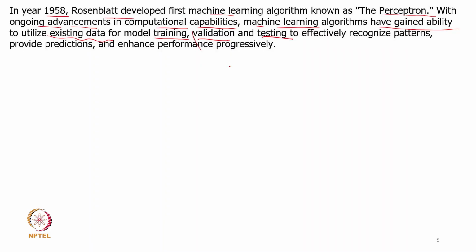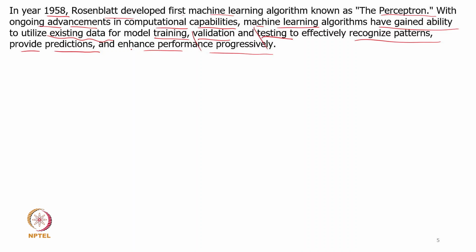Now here we are coming with validation and we are going for testing also, so that we can recognize patterns and we can provide predictions. Most of the time we are trying to give judgment based on an existing thing. We are not going to predict, and if we are predicting also, we are not going to test it. That is what we are missing.